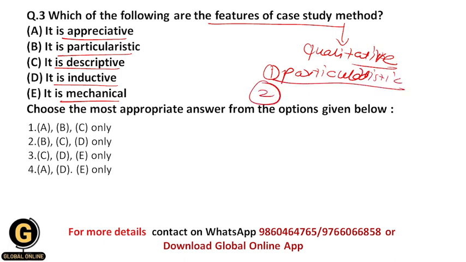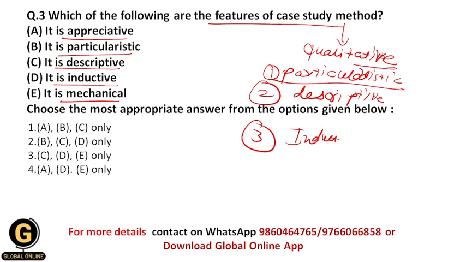The second characteristic of a case study is that it is descriptive, because here we study in detail a specific person, and that's why we get descriptive characteristics or data of that particular person. The third one is that it is inductive.